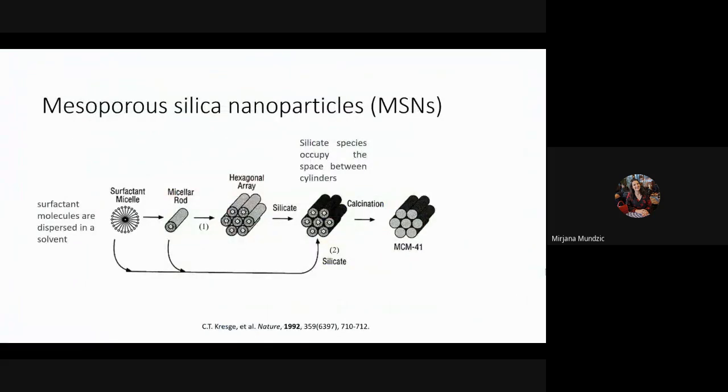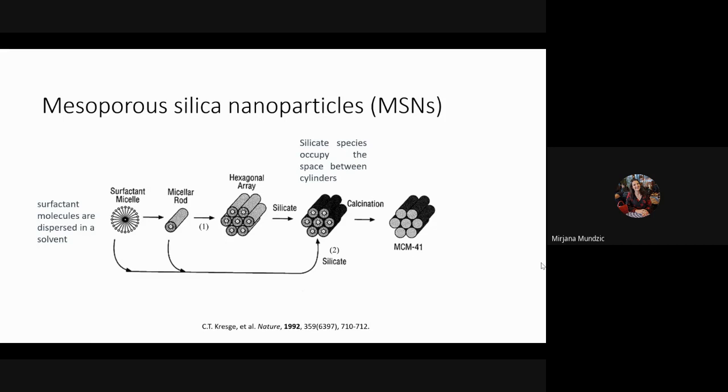Mesoporous silica nanoparticles and the method for their synthesis have been known since 1992, as shown in this small picture. Everything starts with surfactant molecules being dispersed in a solvent. So the surfactant micelles are made in that manner, and the polar heads turn to the outer part, and the inside is filled with the hydrophobic tails.